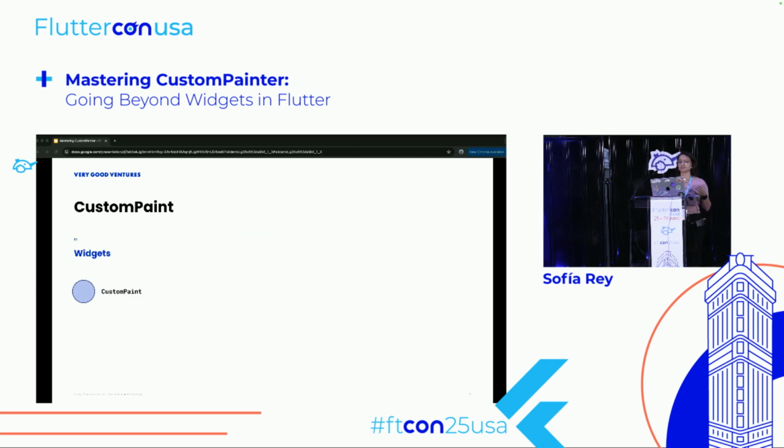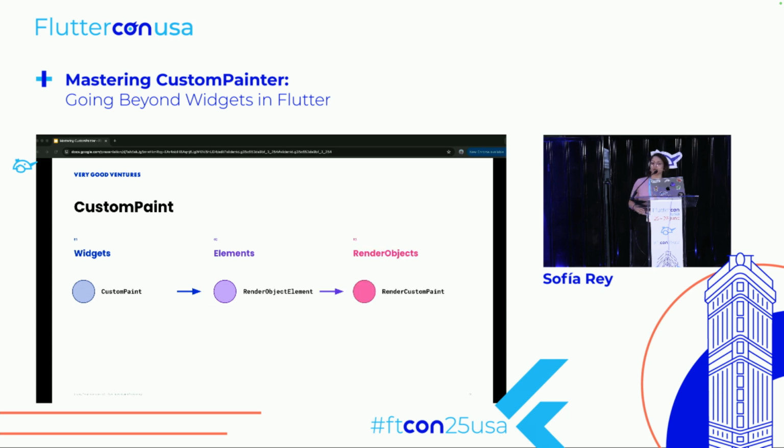So how does CustomPaint fit into this rendering pipeline, right? When we use CustomPainter, we have to use the CustomPaint widget in our widget tree. This widget will create a render object element, which will create a RenderCustomPaint. This is a special type of render object that will do the layout phase, so it will see how much space it has available to paint itself.